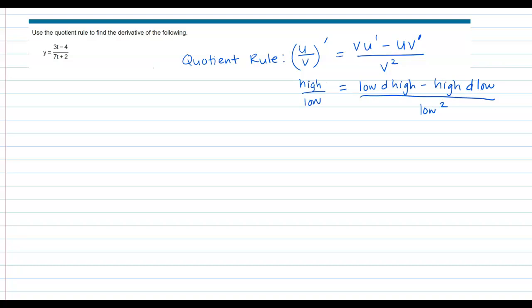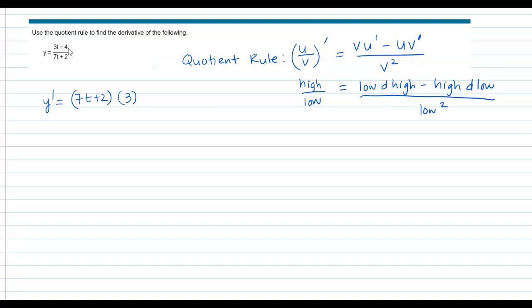Okay, so now applying that formula to the function here to find the derivative y prime, you just have low, so you copy the denominator, 7t plus 2, low, d high, derivative of the numerator, derivative of 3t minus 4 is 3.